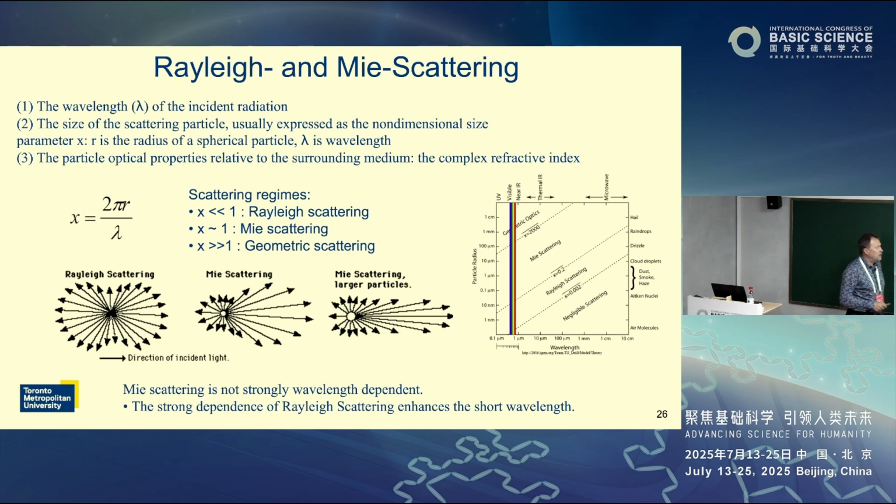And Mie scattering depends on the wavelength as a first power, which means it's more or less flat. And when we deal with big objects, then we can actually use the geometrical optics approximation. So that's how it looks. With Rayleigh scattering, it's pretty much isotropic in all directions. With Mie scattering, it's predominantly forward scattered, and the larger the particle, the more forward the scattering is.